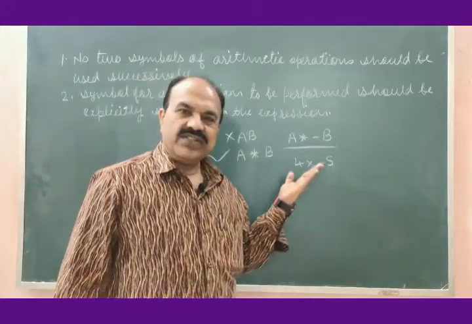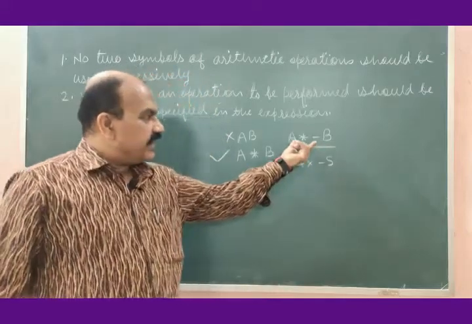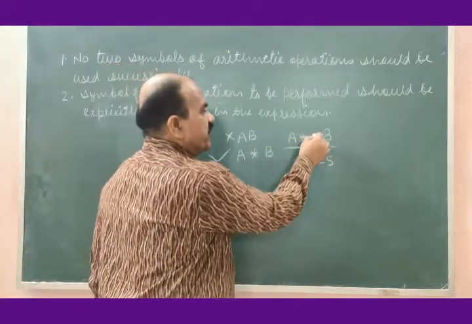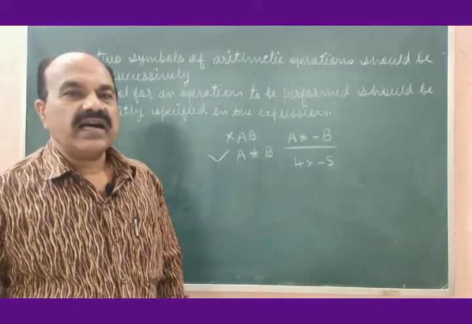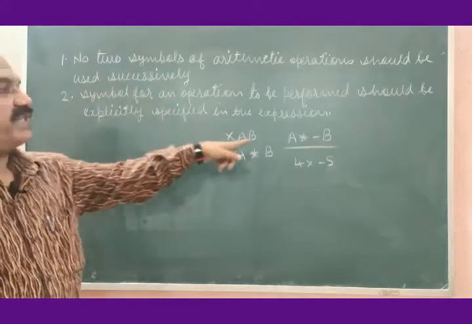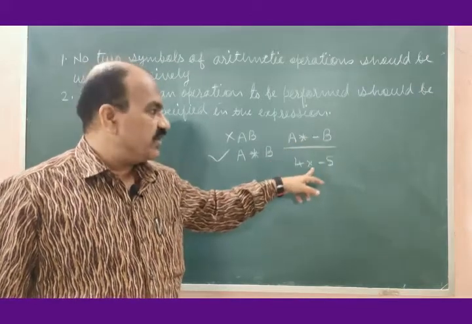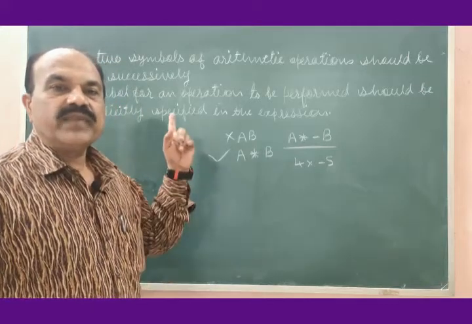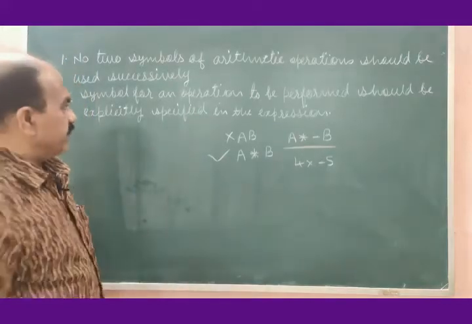We do this in general algebra. This is not allowed according to the first rule, because these operators are specified successively. It is not allowed to specify them successively. So this type is not allowed in Fortran arithmetic expressions. Second one. Okay. The third one.